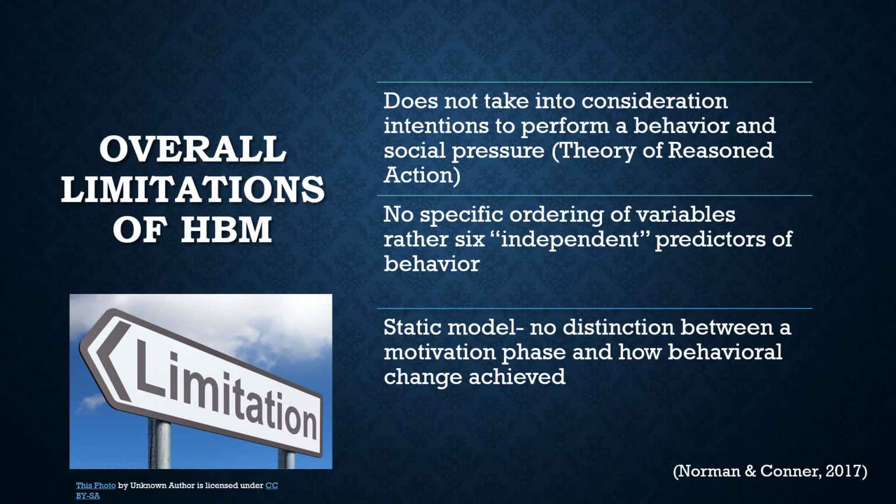It's hard to rank these constructs by most significant or most influential. Also, this is a static model, meaning there's really no distinction between a motivational phase and how the behavioral change is achieved through planning action and maybe even the maintenance of behavior. However, it's always best to combine several models to achieve a health behavior. The health belief model is still a strong model.